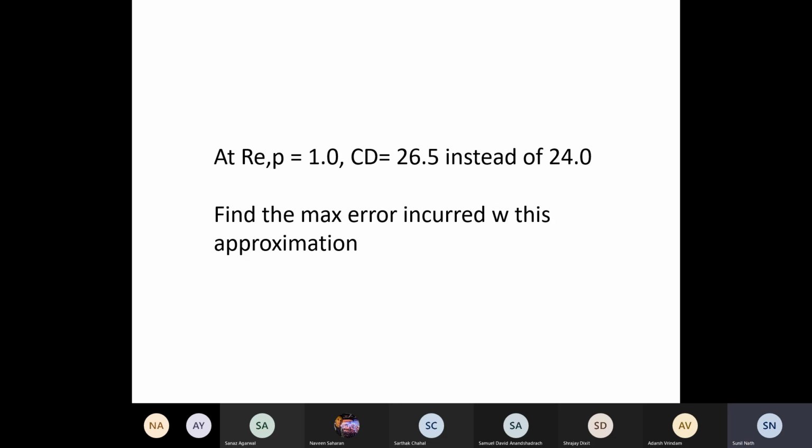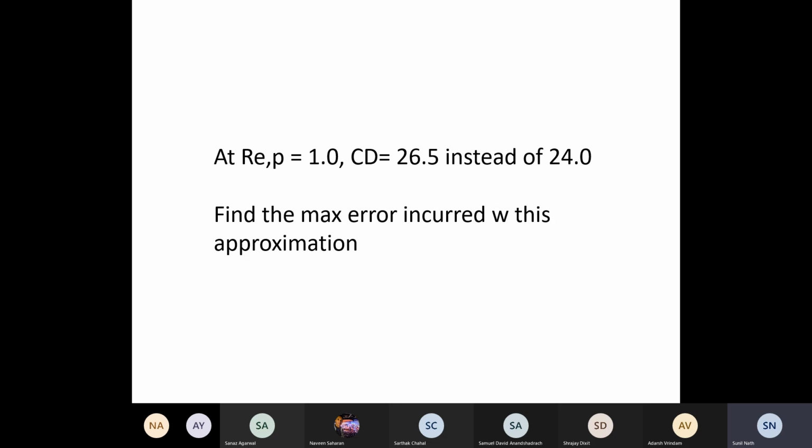What is found experimentally is that whatever be the shape of the particle, irrespective of that, the Reynolds number, when it varies between 1000 to 2 into 10 to the power plus 5, this drag coefficient reaches an asymptotic value. It becomes constant. Okay.